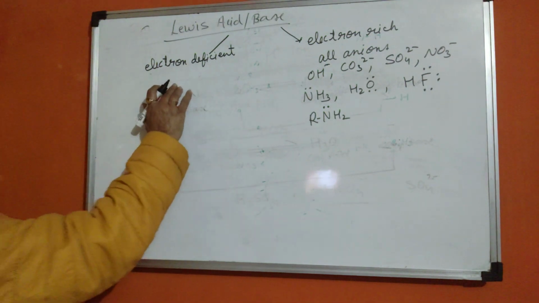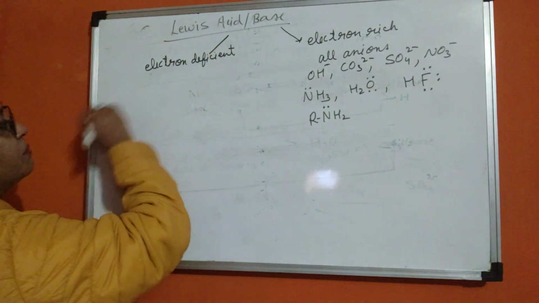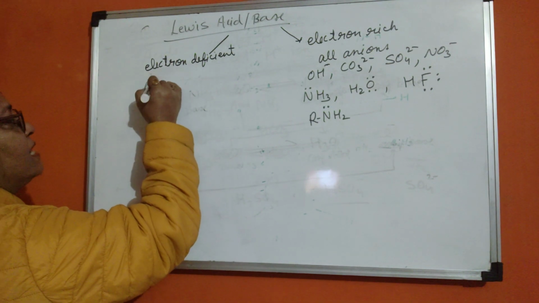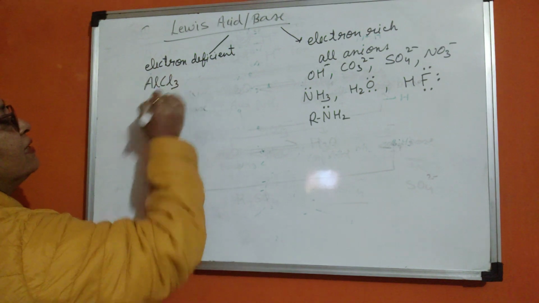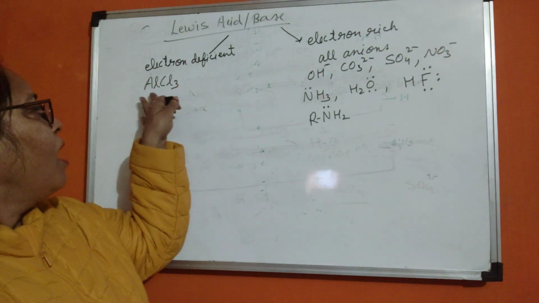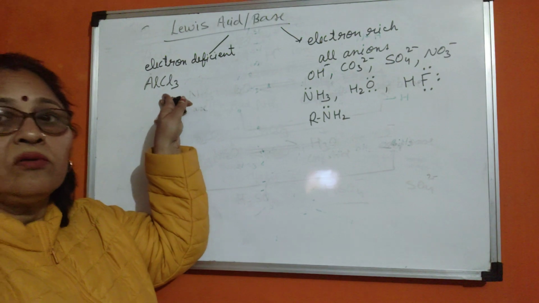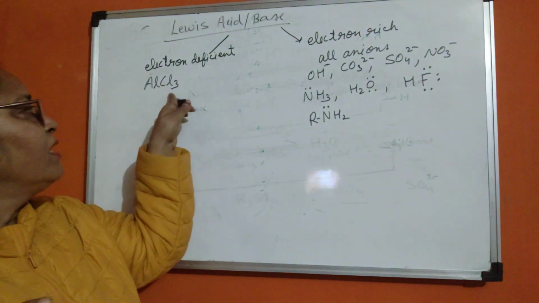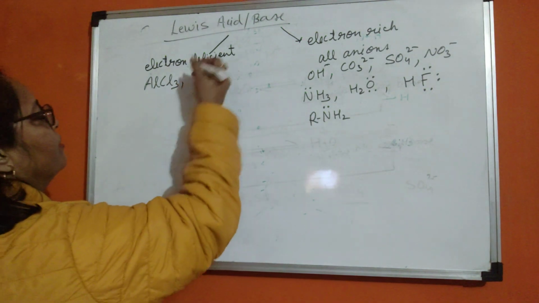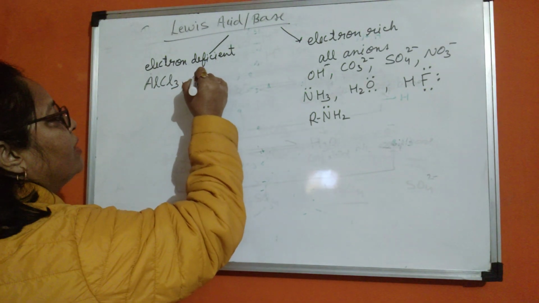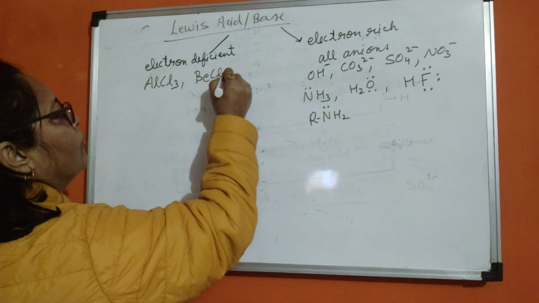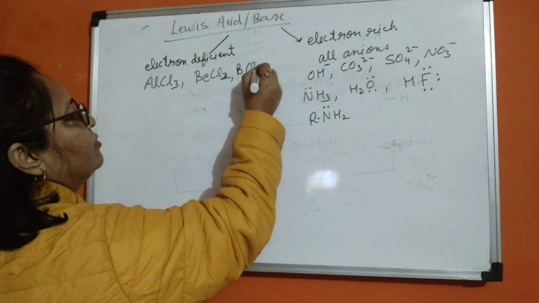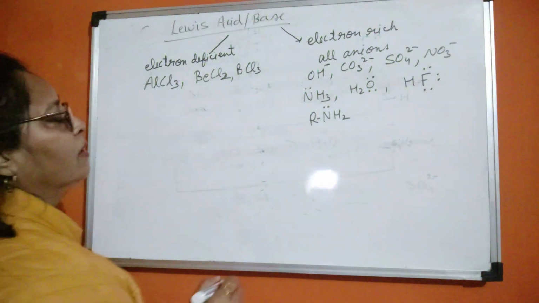Now electron deficient species, like AlCl3. Aluminium after sharing its electrons gets only 6 electrons. Octet is incomplete, so it is an electron deficient species. Or we have another one, BeCl2, or BCl3 or BF3, right?